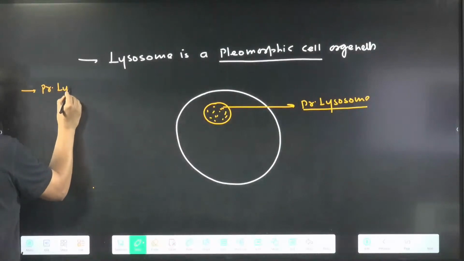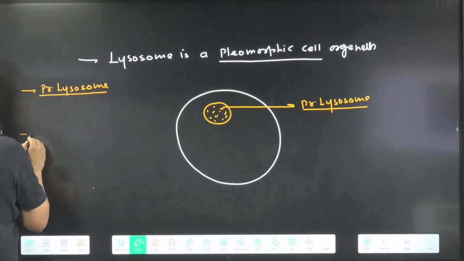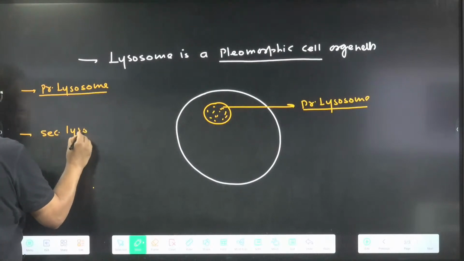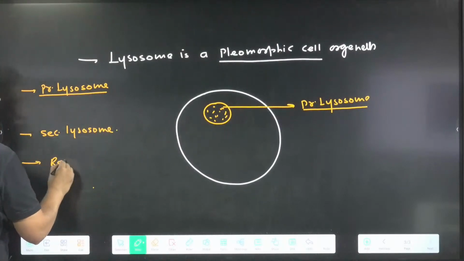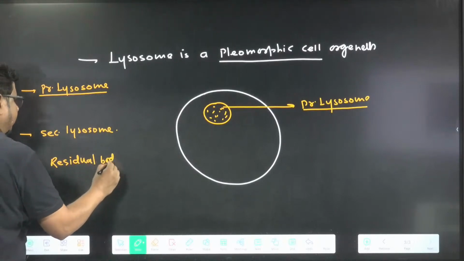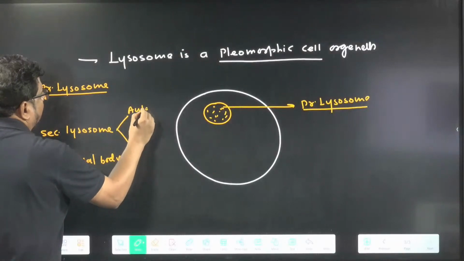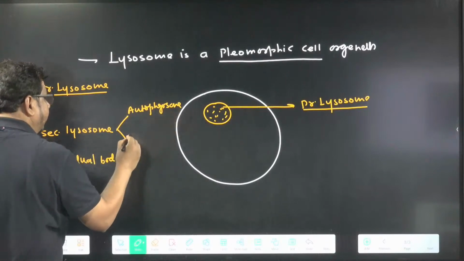One is called primary lysosome. Another is called secondary lysosome. And the third one is called residual body. And secondary lysosome is of 2 types, autophagosome and heterophagosome.